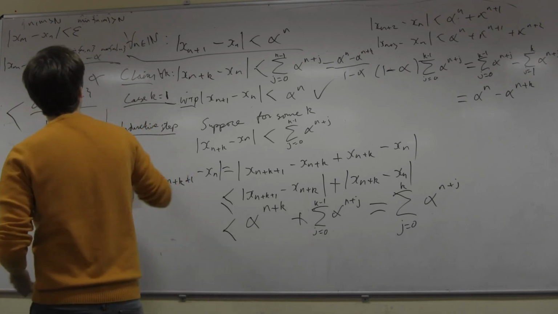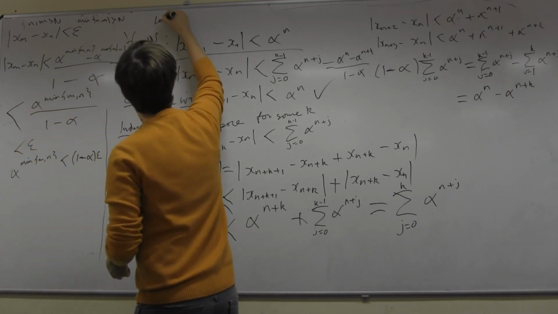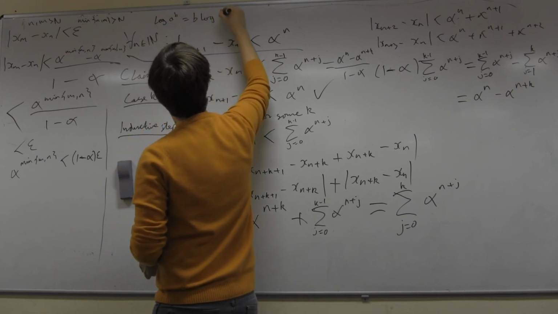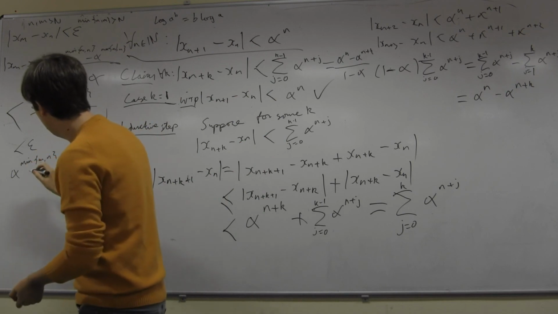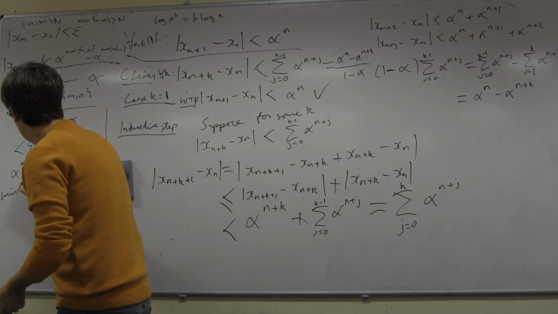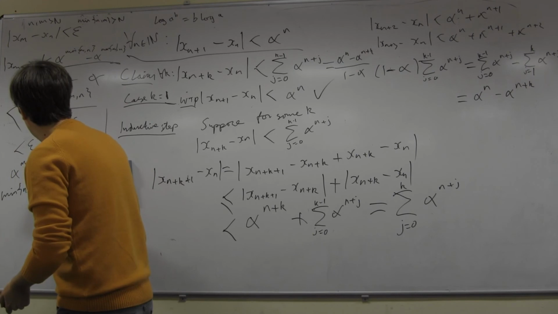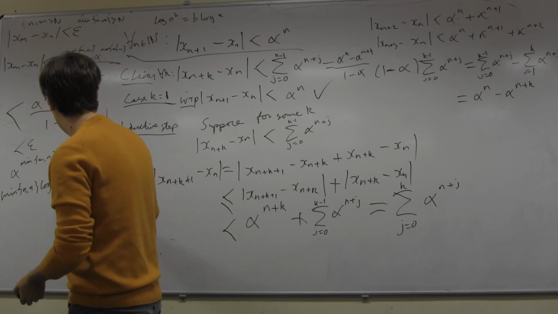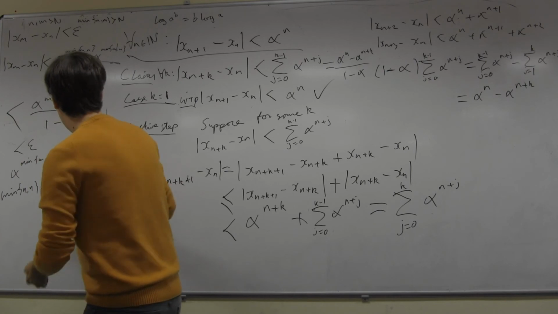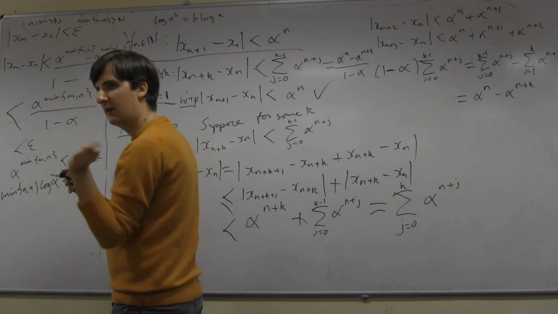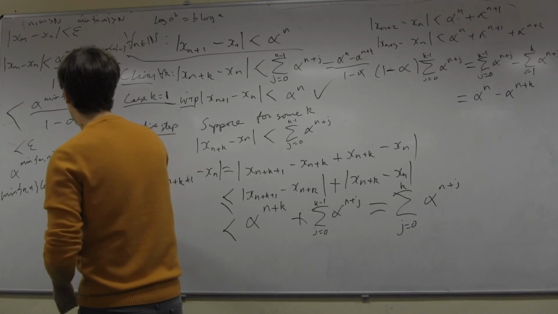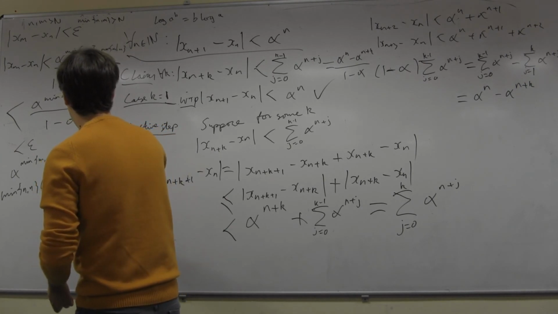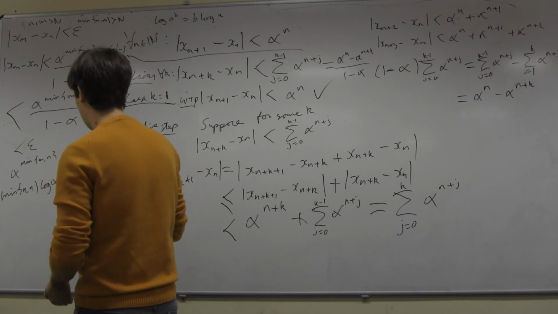Remember that log of a to the power of b is b times log a, and log of a times b is log a plus log b. So this is min(m,n) log alpha is less than log(1 minus alpha) plus log epsilon.